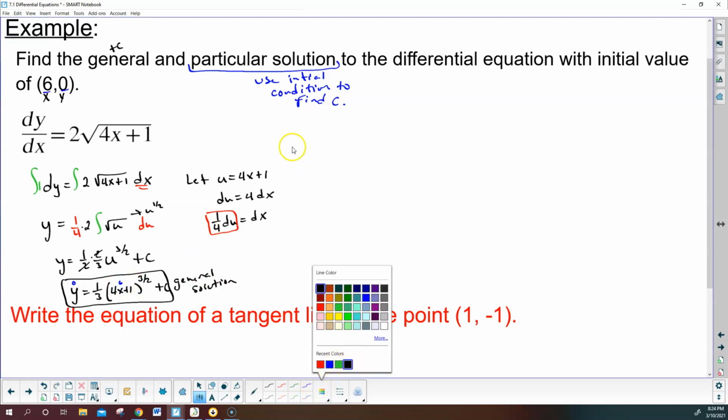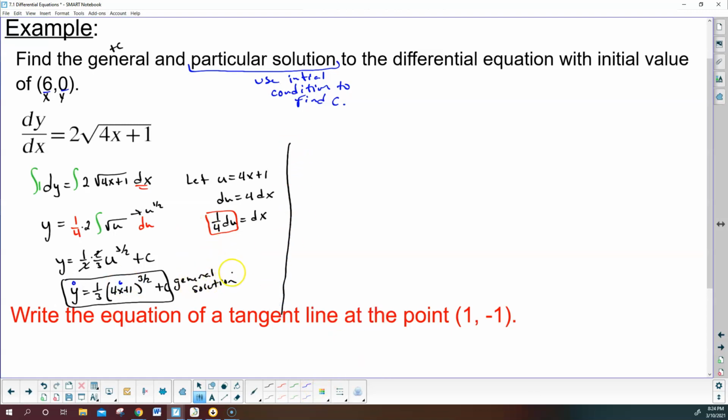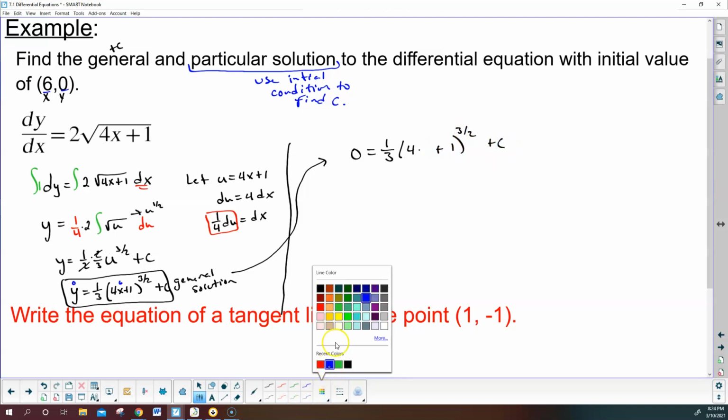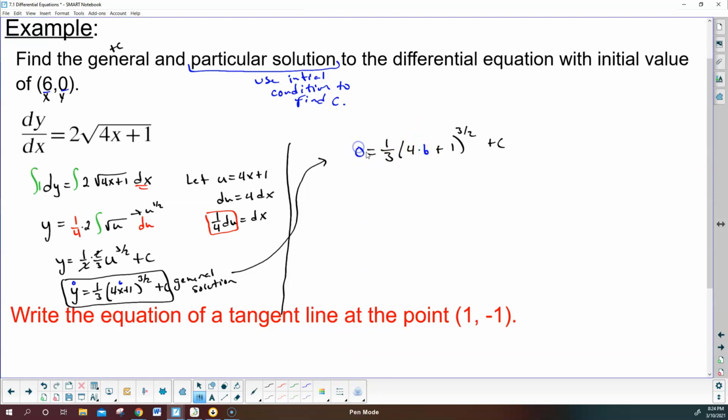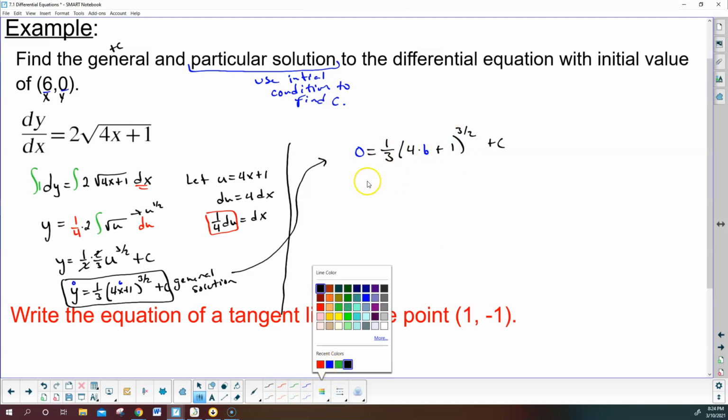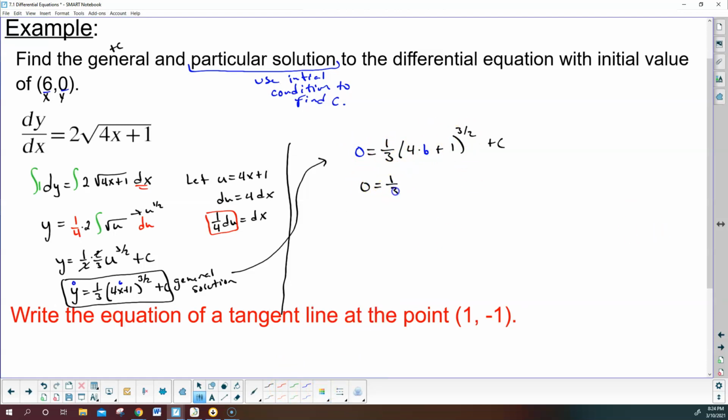Now you do want to show proper steps, so I'm going to take my general solution, I'm going to plug a 0 in for the Y, and sometimes you get points just for plugging in and showing that. So it's important that you show that you plugged a 6 in here and a 0 in here, so you can see where the X and Y are. Now here, you don't need to show any other work.